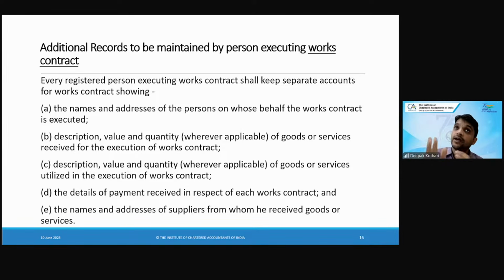They are not works contract because they are not actually doing the work. Persons like Dilip Buildcon, Shapoorji and Pallonji, if they are getting subcontract from others, then they are works contractors. But if they are developing something, then they are developers, not works contractors.